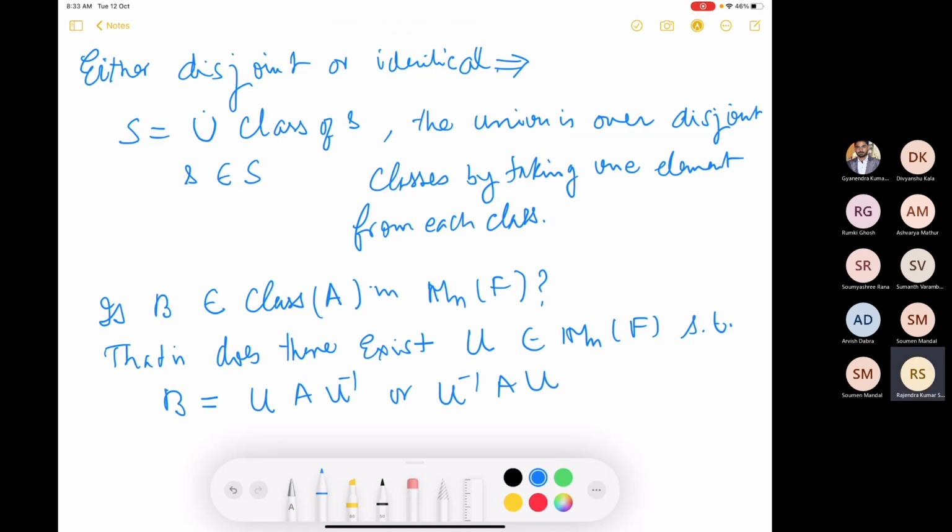Now, for linear transformations, likewise, is S in the class of T in AFV?